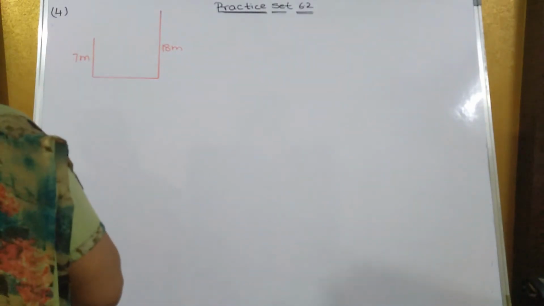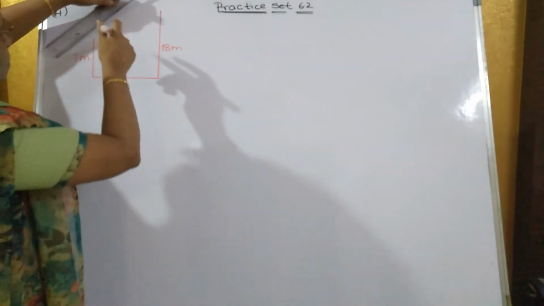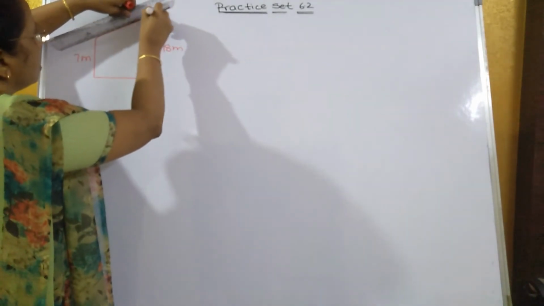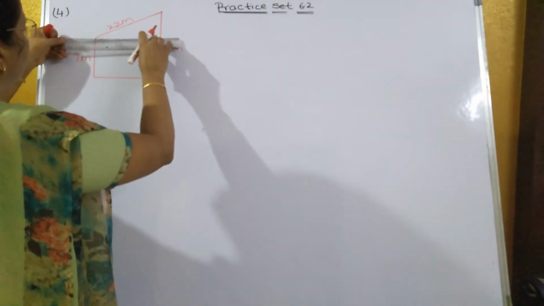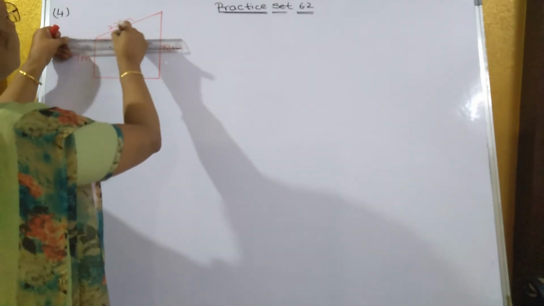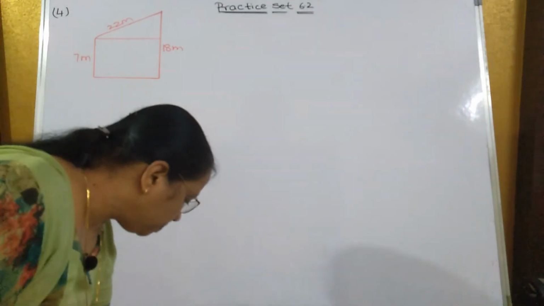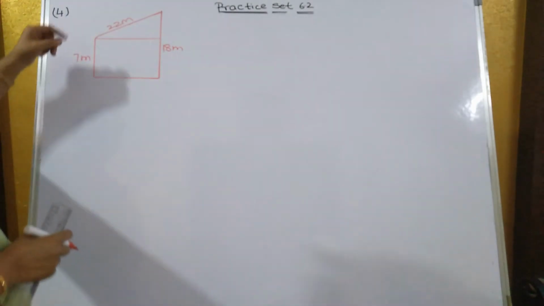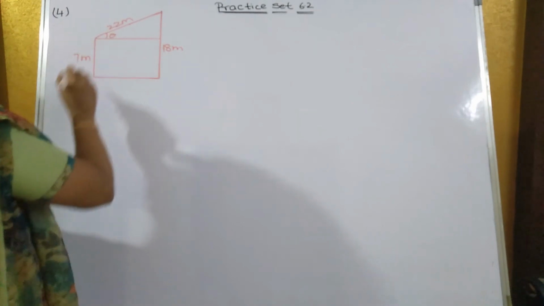The length of the wire fastened at their top, means between the two poles there is a wire connected, and the length of the wire is 22 meter. Find the angle made by the wire with the horizontal line. So this theta angle we have to find out.